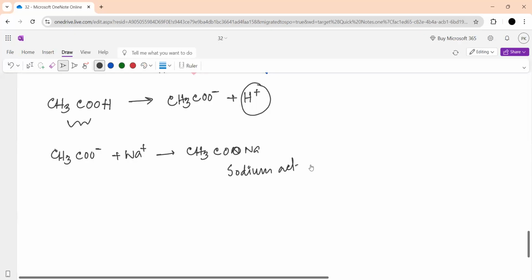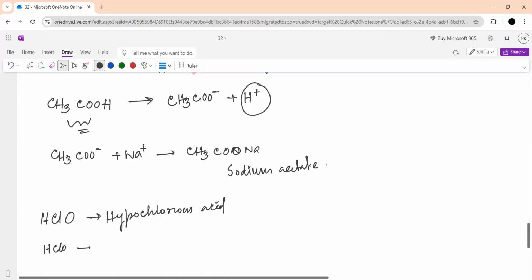This was acetic acid and we call it sodium acetate. Now what did we name HClO? We called it hypochlorous acid, right? Hypochlorous acid would break into H plus and ClO minus.